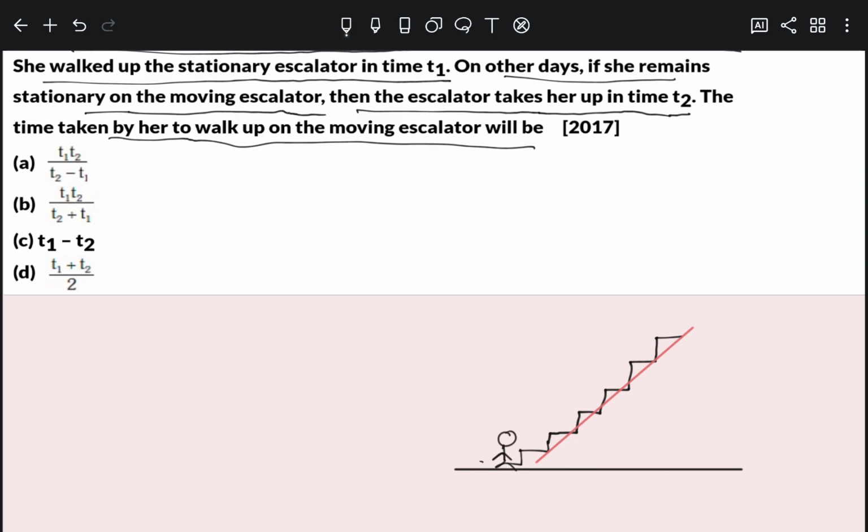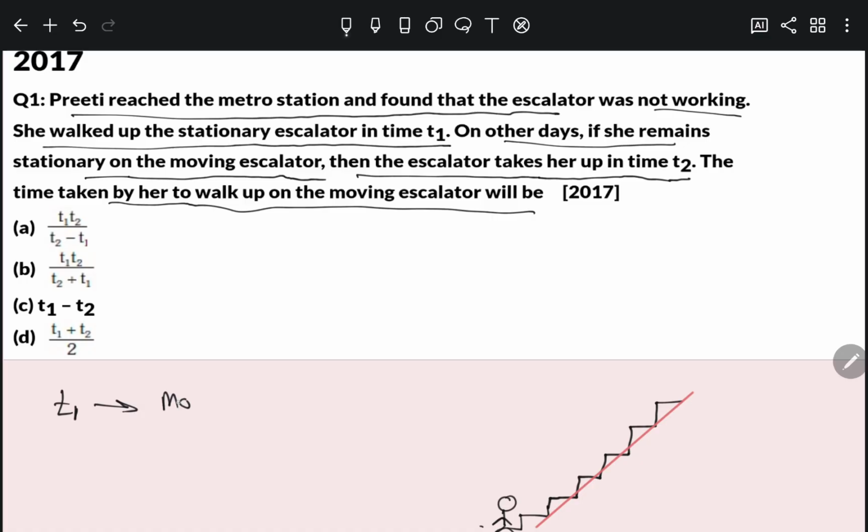in this question they have asked: first she moved on a stationary escalator in time t1.